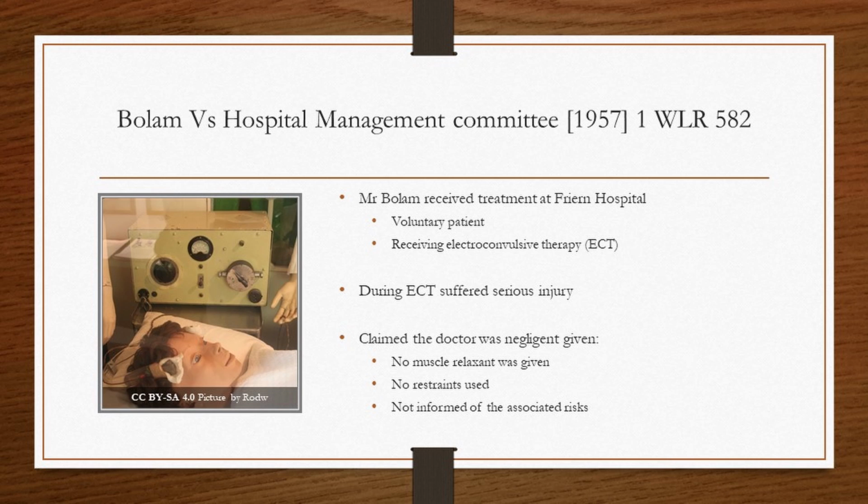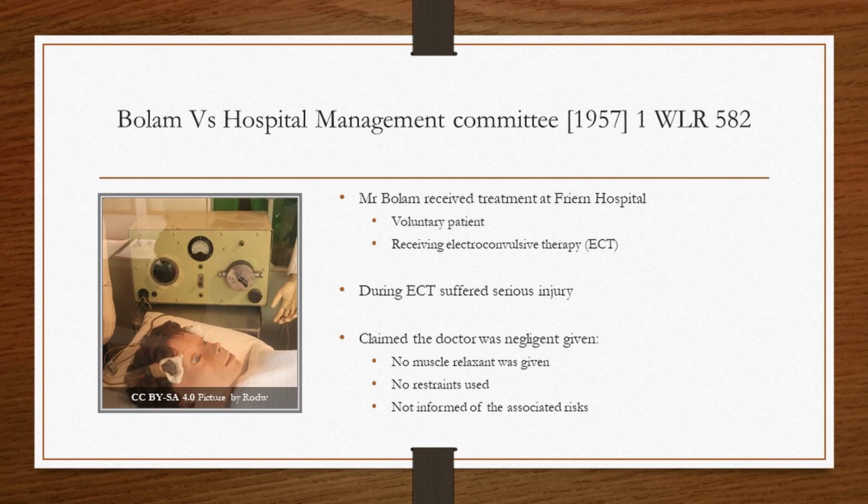At the time, a number of methods existed, including a modified ECT method, which included the use of muscle relaxants and restraints, and an unmodified ECT method, which was the original technique first used in the 1930s when no relaxants are used. In Bolam's case, his doctor used an unmodified technique where no muscle relaxants nor restraints were used.